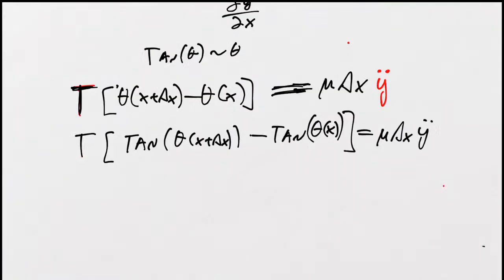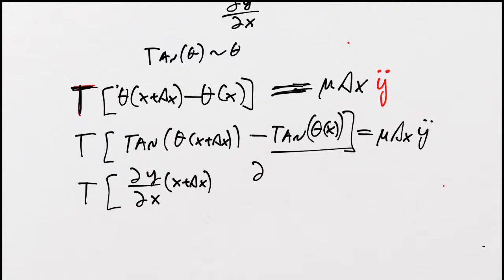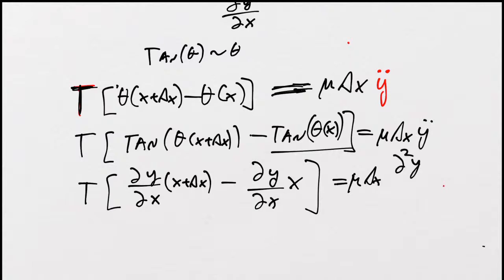So I can now rewrite this as T times the partial derivative of y with respect to x evaluated at x plus delta x, minus the partial derivative of y with respect to x evaluated at x, and that equals mu delta x times the second partial derivative of y with respect to time.